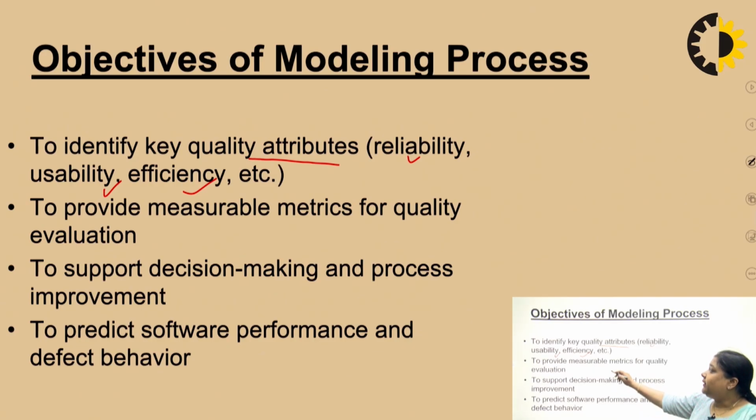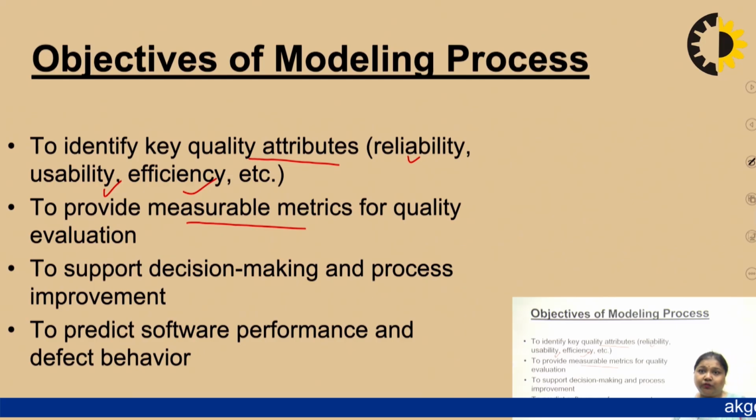Next, to provide measurable metrics for quality evaluation. If we need some calculated amount using some formula, then we need quality evaluation, and that can be done by using some formulation. It also supports decision making and process improvement.